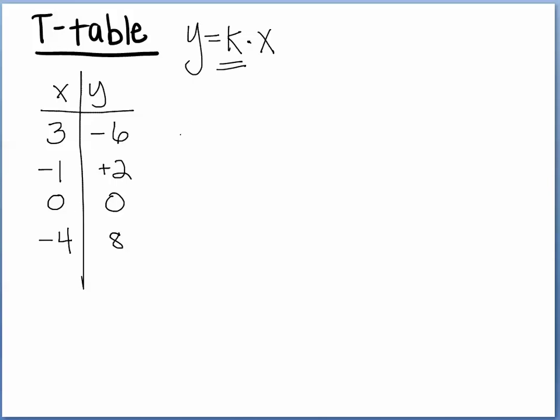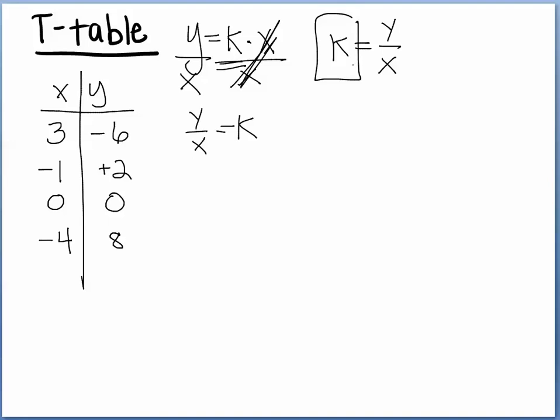So am I multiplying something times x to get y? So one way that you can do that is think of k as the ratio of y over x, right? Because I could just divide both sides by x, make this go away, and then k would equal y over x. So I can use that and see if I get the same number each time.